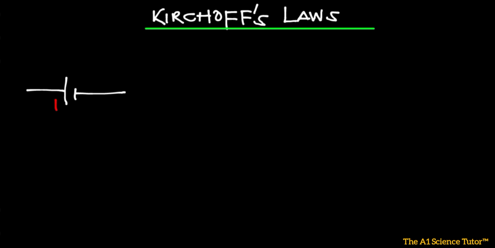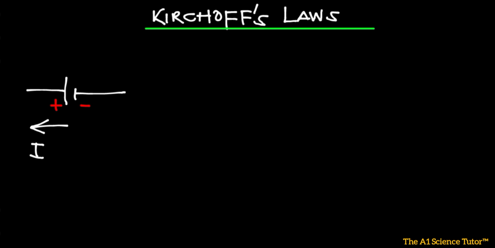So this is going to be the positive. This is going to be the negative. So in that case, you already know what to do. Current is always going to emanate from the positive terminal and lead on to the negative. So there is always going to be this direction for the emanation of the current. So current goes in this direction.